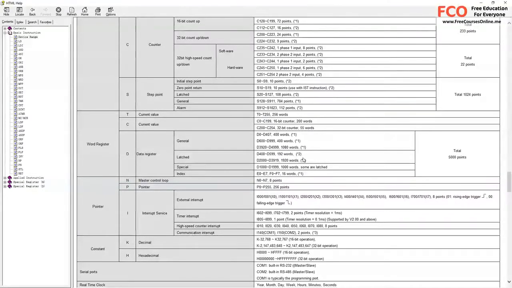The indexes, what we actually use these for is to keep indexes of where we actually do store data in our data register so that we can then retrieve it and actually start reading data from specific indexes and using that data to our advantage.